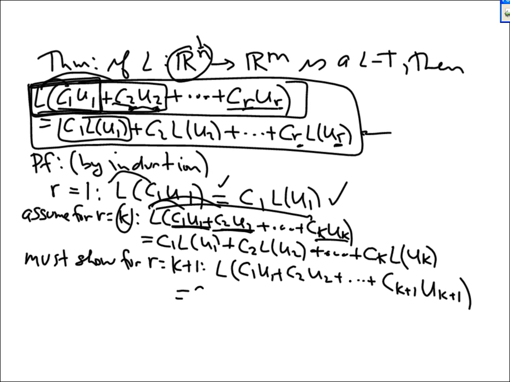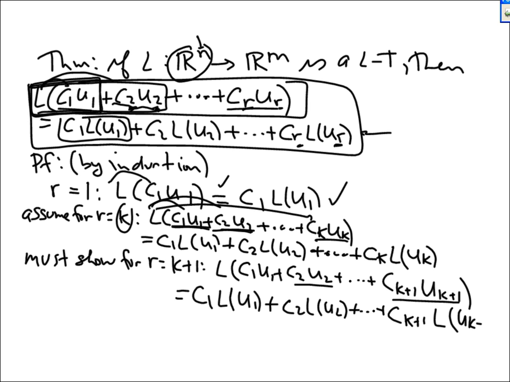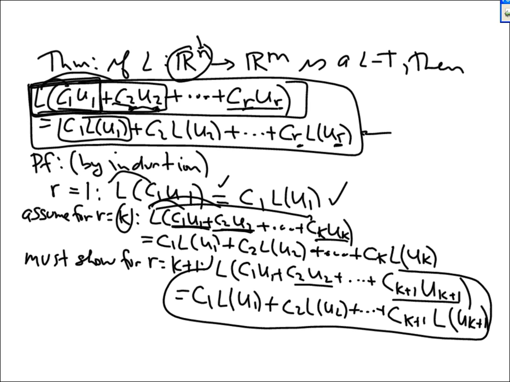This is equal to, you want to show this, C1 L of U1 plus C2 L of U2, all the way down to, the scalar comes out in front, times L of UK plus 1. We want to show whether or not this is true. Either it is or it isn't.